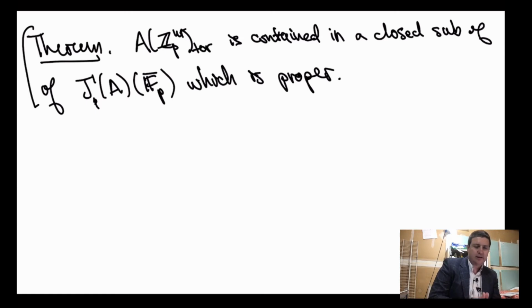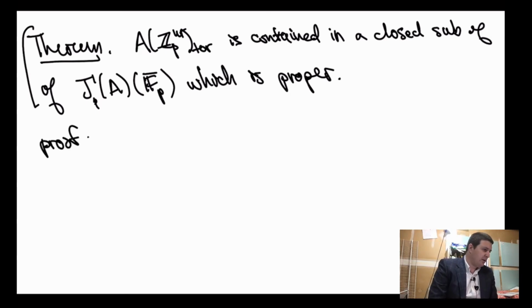Because the jet space of the curve is contained in the jet space of the abelian variety, we're going to have the situation where the torsion points are contained in something that's proper, but the points on the curve are contained in something that's affine. So you have something that's affine plus proper, and when you intersect those two, it becomes finite. That's the way this is going to go.